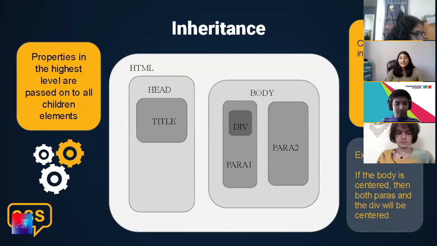But sometimes you can run into issues, say if you make a body blue, but then you give the text specifically in the paragraph underneath the property being green, you can run into issues with what is being controlled and what is being inherited.